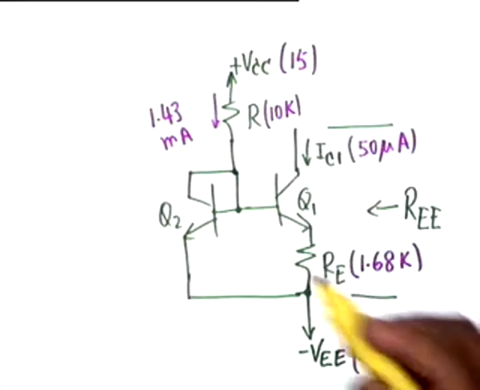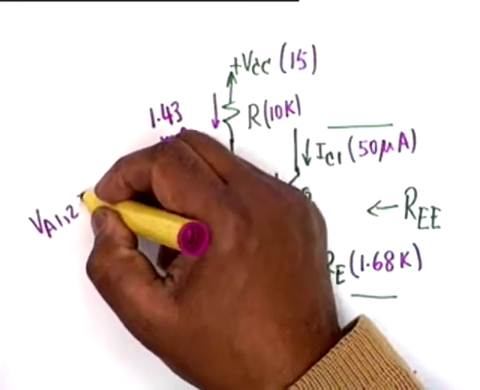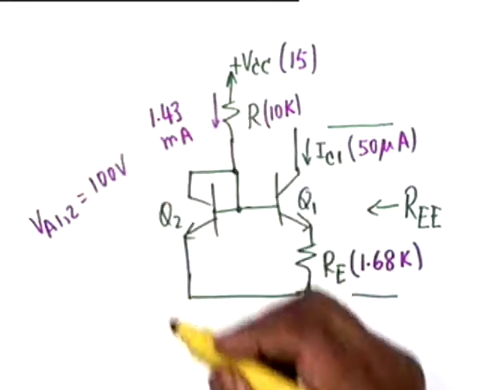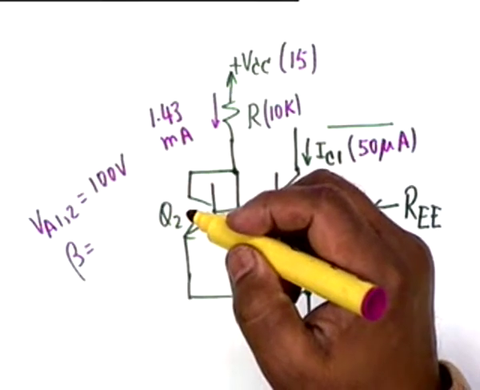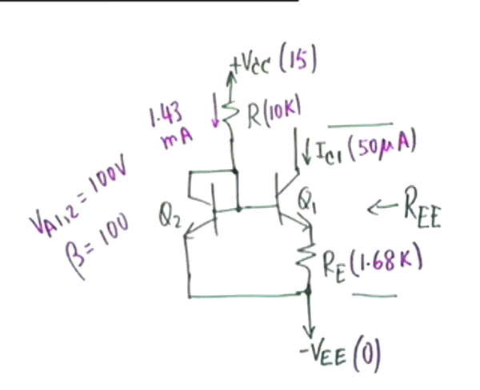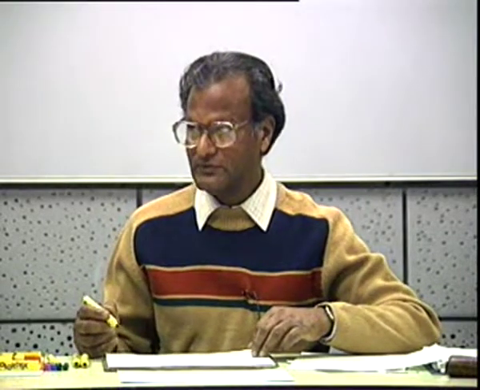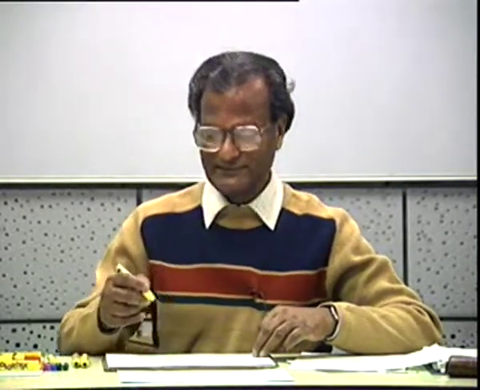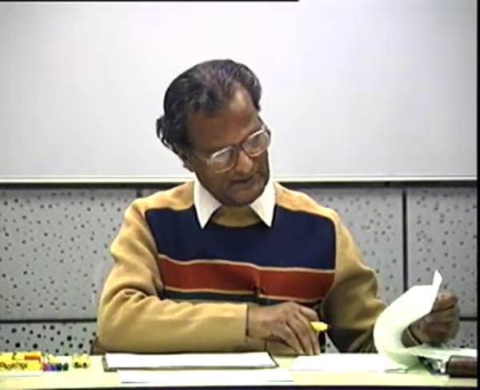We had assumed that VA was equal to 100 volt, and beta was assumed to be, I don't remember, maybe 100. We will see as we go ahead. 200? Alright, let's keep it at 100. I think we took it as 100. Beta was 100. Yeah.